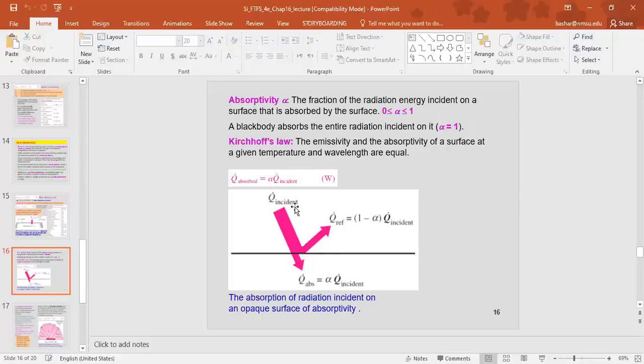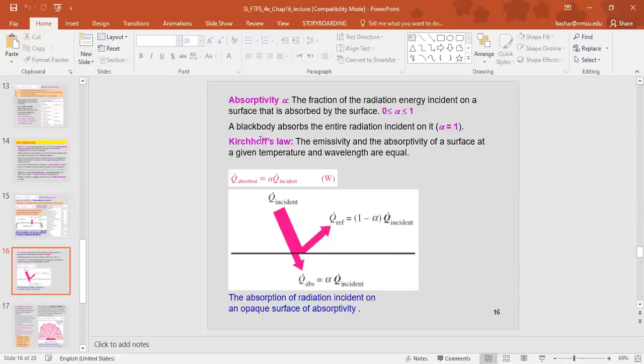If we consider this incident radiation energy, which can be thought of as thermal energy coming from the sun, and it hits the surface, part of it will be absorbed, determined by the parameter absorptivity alpha, while another part will be reflected, which is 1 minus alpha times q dot incident. So part absorbed, part reflected.